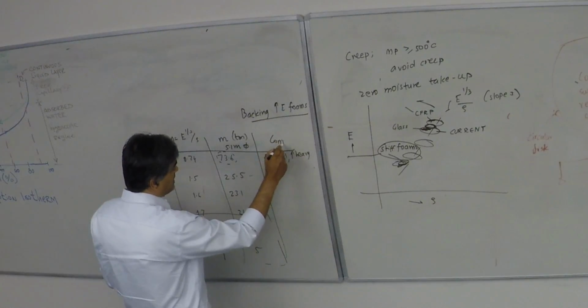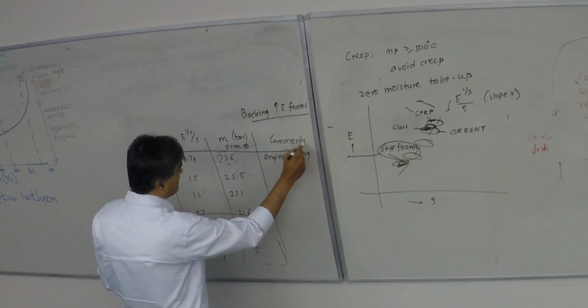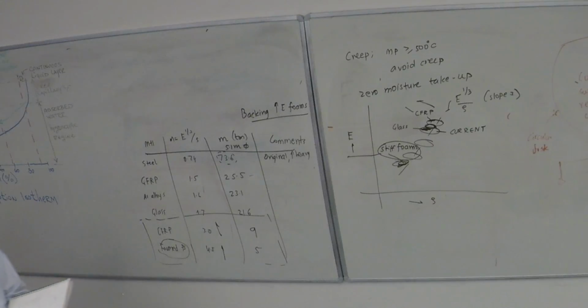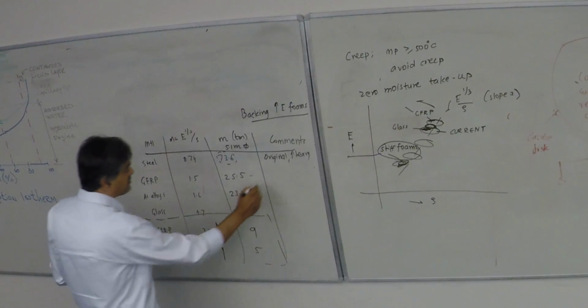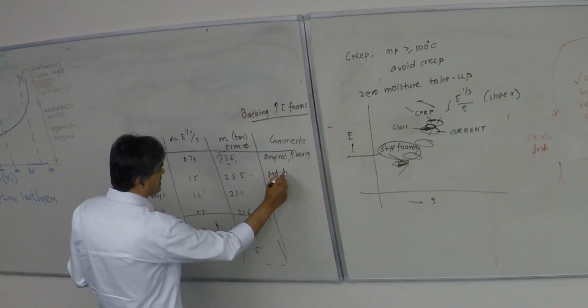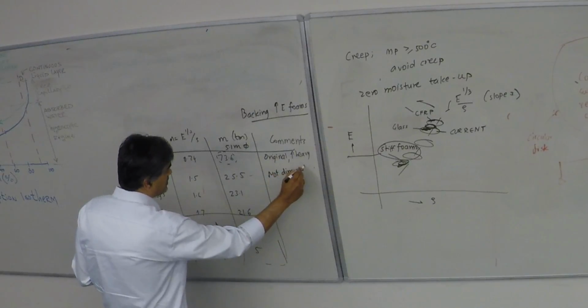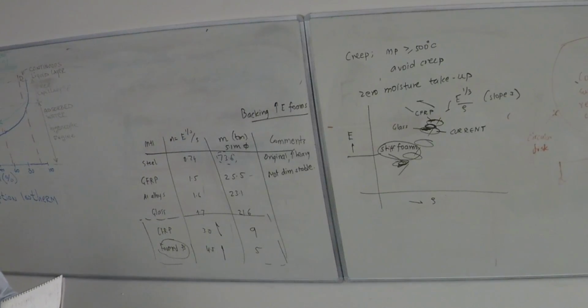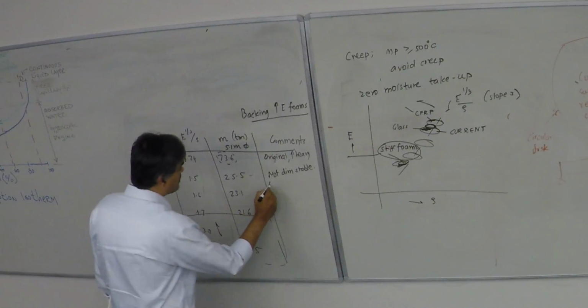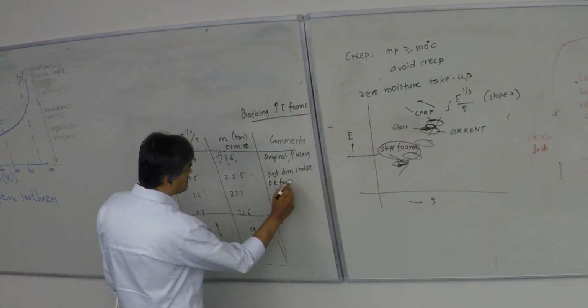These are qualitative things that you need to capture. What about GFRP? GFRP is not very dimensionally stable. It works, but it may not give you the right dimension.